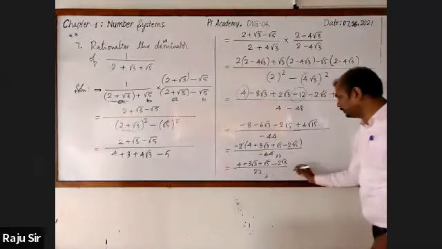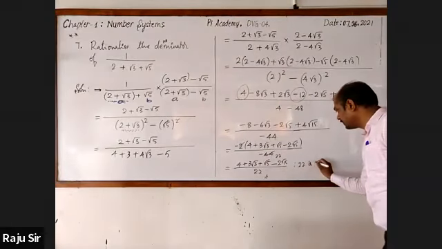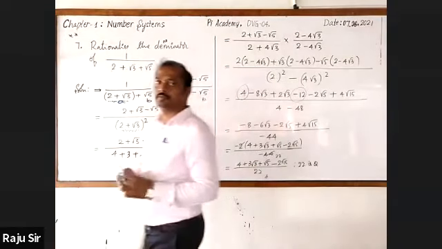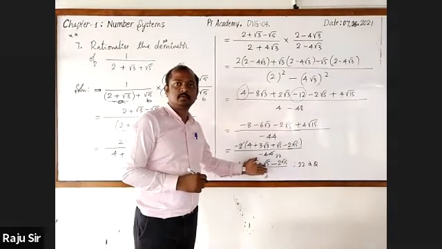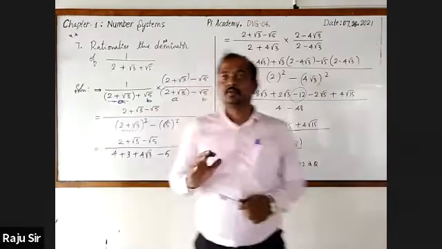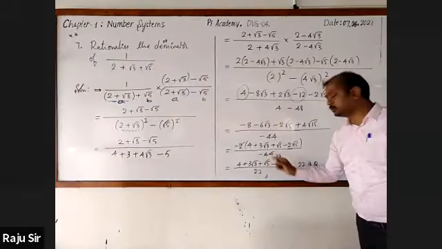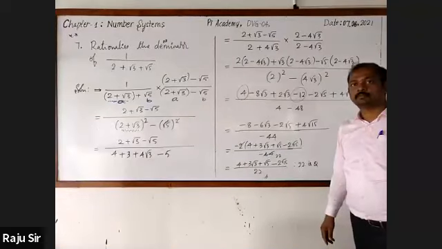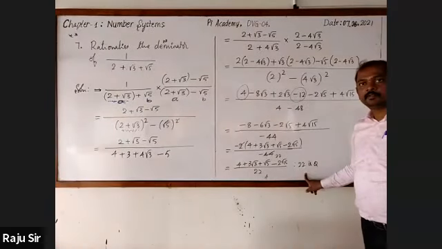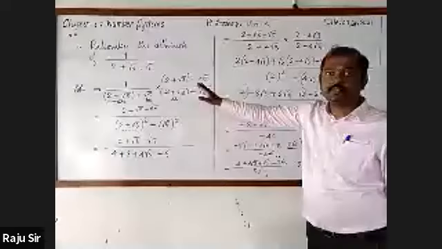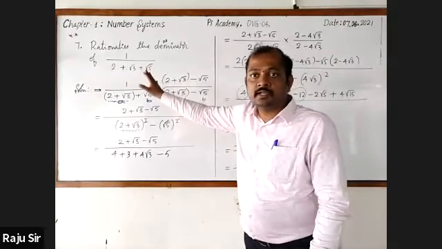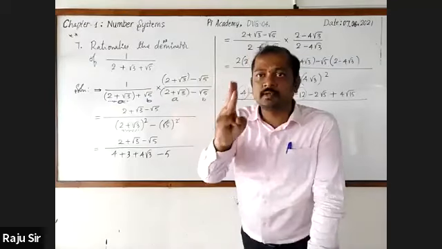Denominator is 22, which is a rational number. Sir, how did 22 come? 2 1s are 2, 2 22s are 44. This is the method of rationalizing the denominator when it consists of 3 terms.